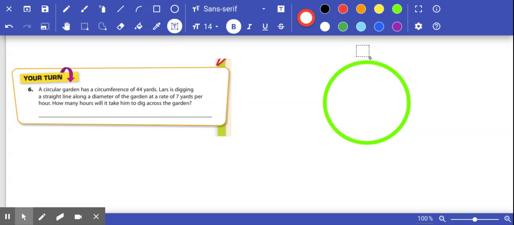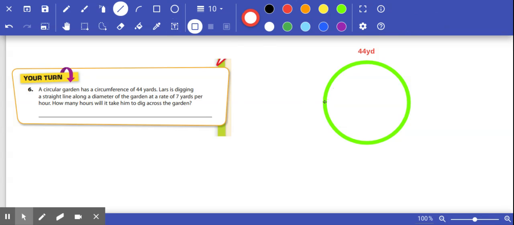Lars is digging a straight line. I mean, we're all gardening right now, right? In our pandemic. So Lars is digging a straight line along the diameter, and he's digging it at a rate of 7 yards per hour. How many hours will it take for him to dig across the garden?